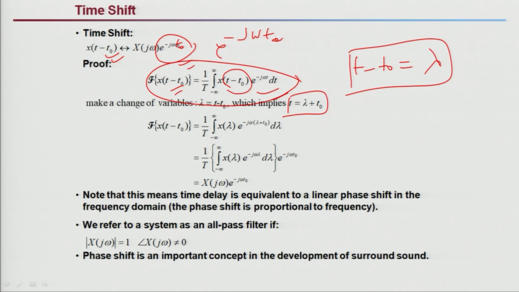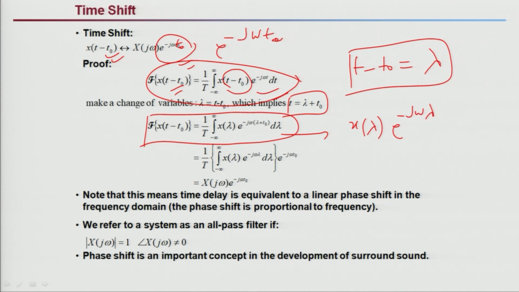Put this value here, and you will get x delta e to the minus j omega into delta plus t naught d delta. Expanding this, we get x delta e to the power minus j omega delta into e to the minus j omega t naught d delta. This will now be under the integration.